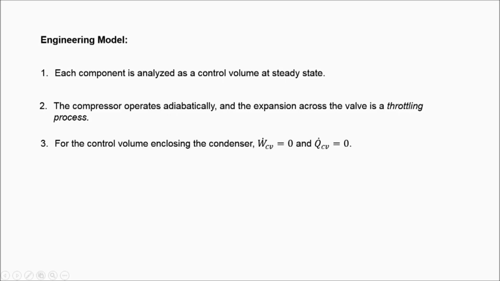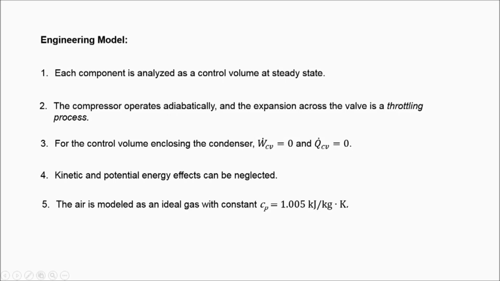For the control volume enclosing the condenser, W dot is equal to 0 and Q dot is equal to 0. Kinetic and potential energy effects can be neglected. And finally, the air is modeled as an ideal gas with a constant Cp equal to 1.005 kilojoules per kilogram Kelvin.